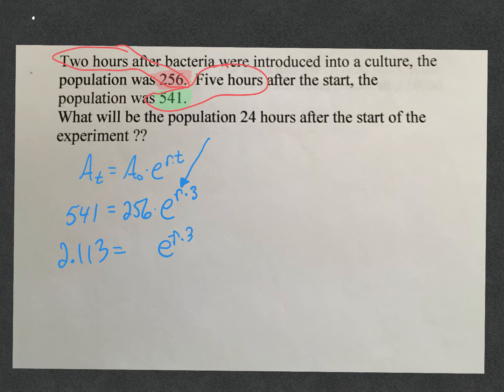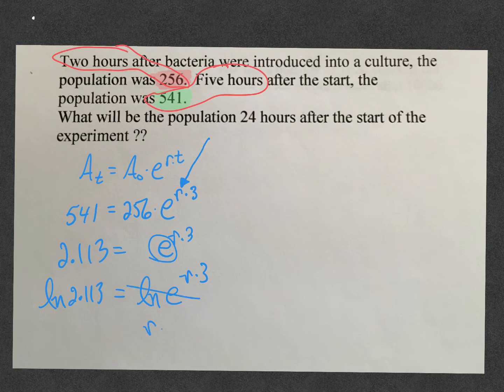So to get it out of the exponent, I have to do the inverse, which is take the log of both sides. What log? Because we have base e on the right-hand side, we have to use the ln. So what I'm going to do is take the ln of both sides. All right? So on the right-hand side, ln and e are inverses of each other.